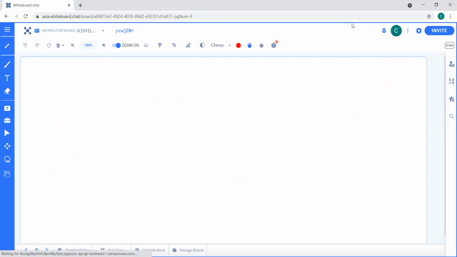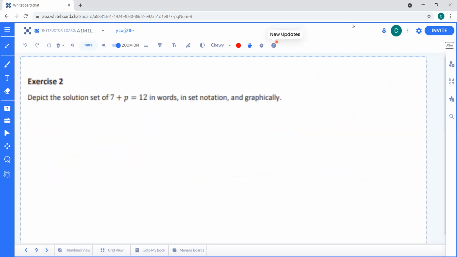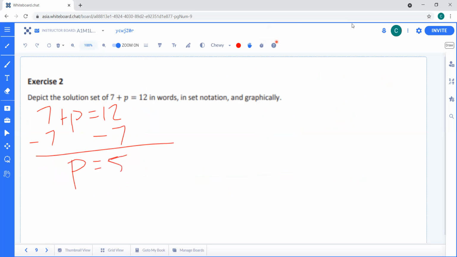All right, let's do another one. Depict the solution set. We already know this. We've already done it. We said 7 plus p is equal to 12. We subtract 7, p equals 5. So in words, we would say 7 plus p equals 12 has the solution p equals 5.